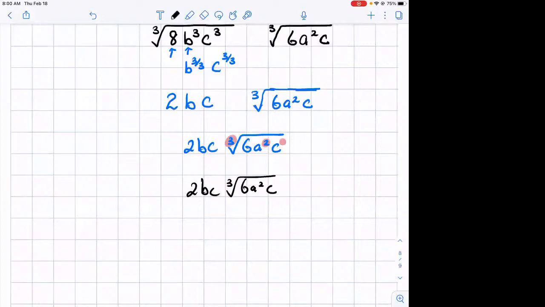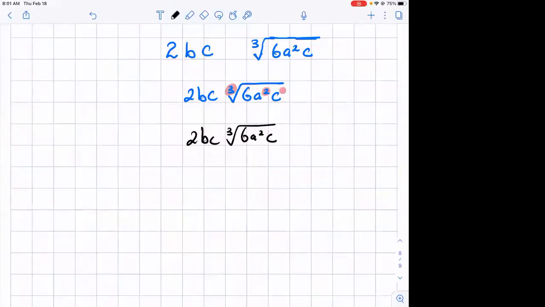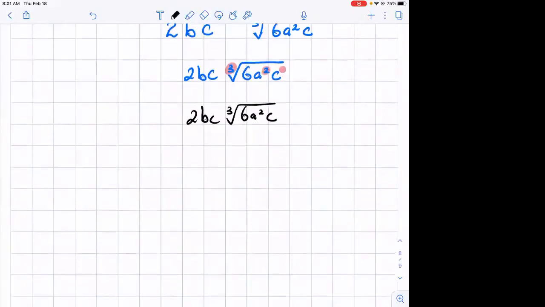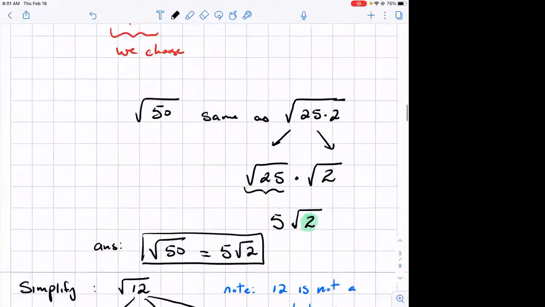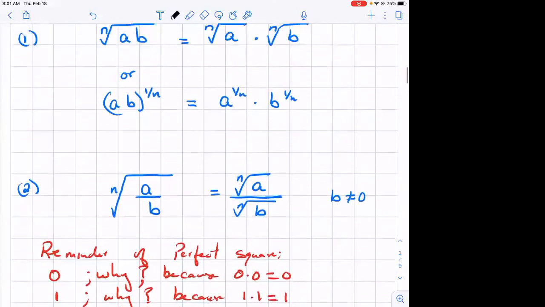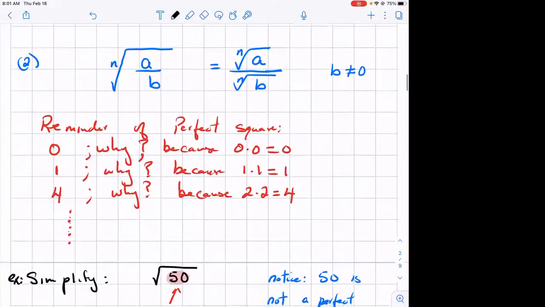Now, we haven't looked at any examples using, if you recall from the beginning of the video, another property, when we're dividing. So let's look at some examples for when we're dividing.